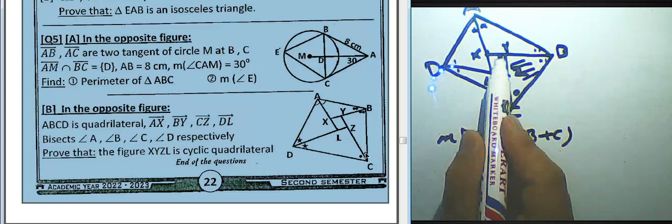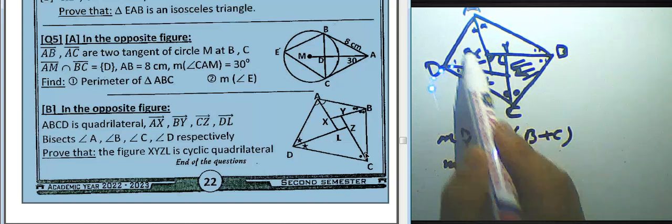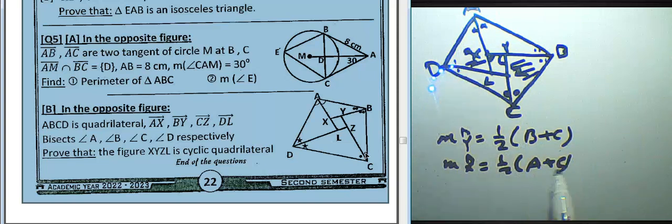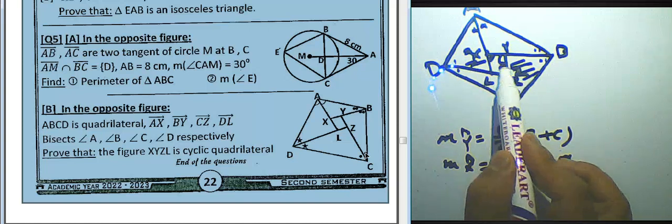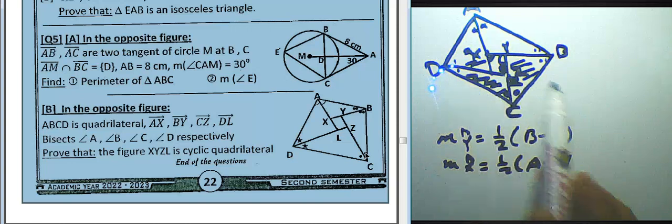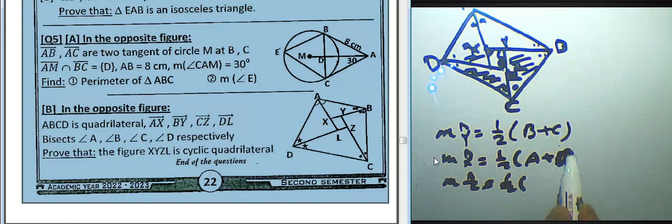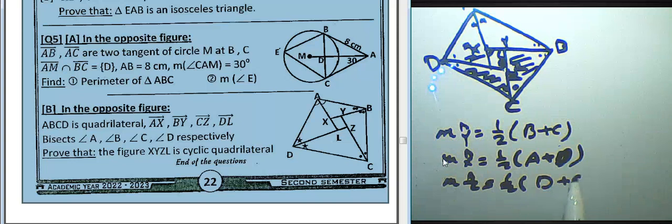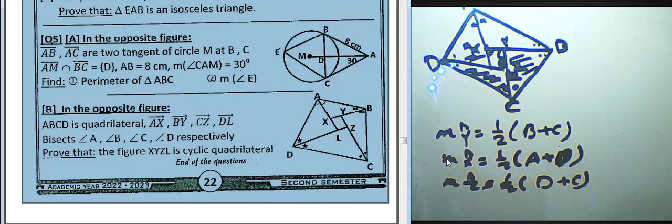And the measure of angle X, this angle, exterior to this triangle, is half of the measure of angle A plus D. And this angle Z, this angle is exterior to this triangle, the measure of angle Z is half of D and C, because the measure of angle D equals this angle plus this angle, half of D plus half of C equals angle D outside.